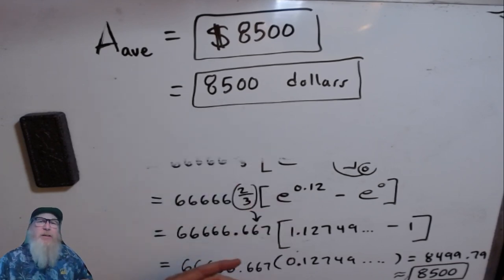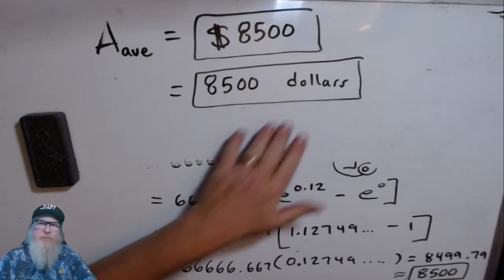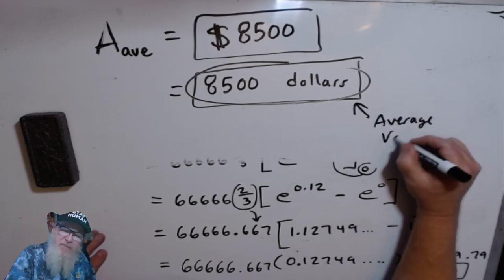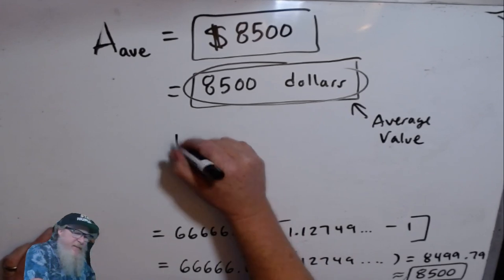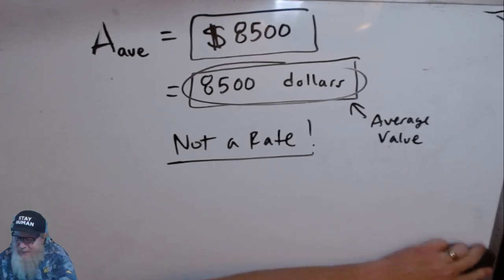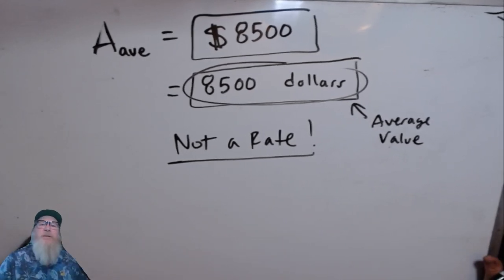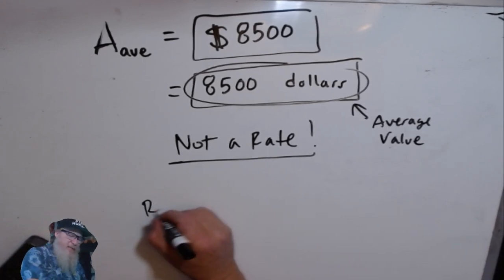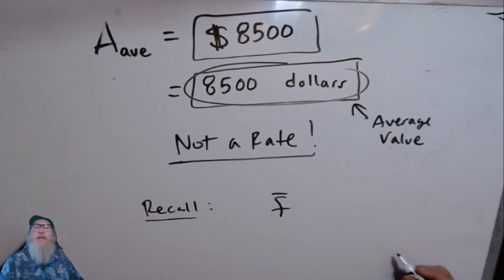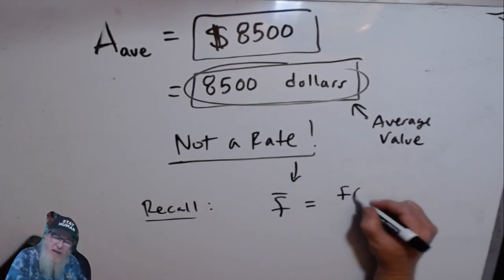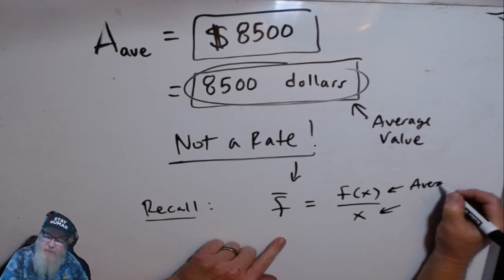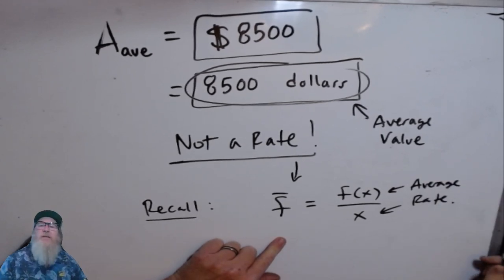This type of average is just a value. That's why it's called average value. It's not a rate. So it's a different type of use of the word average, right? If you remember, if I said f hat, this type of average would be f of x divided by x. This is a rate average, right?